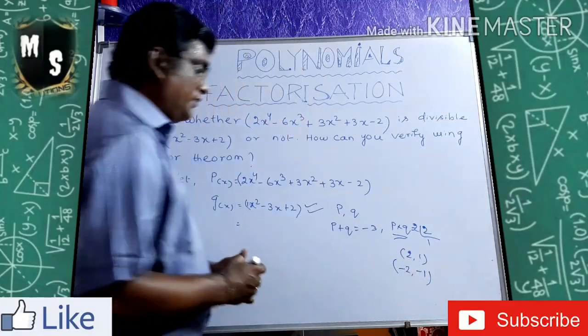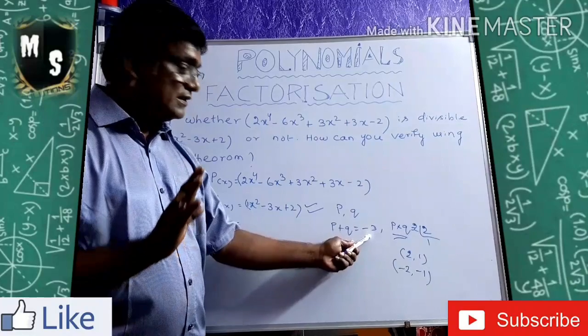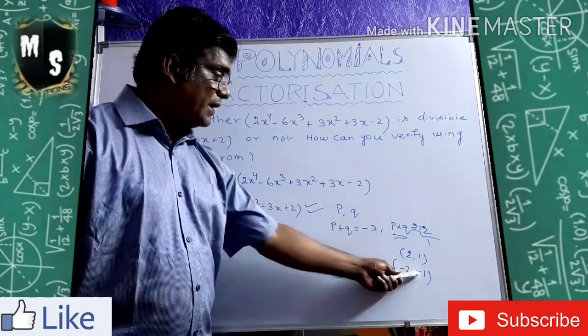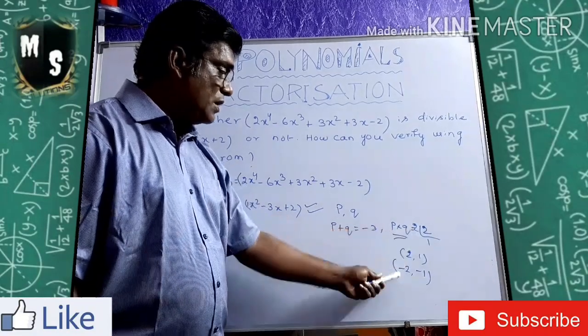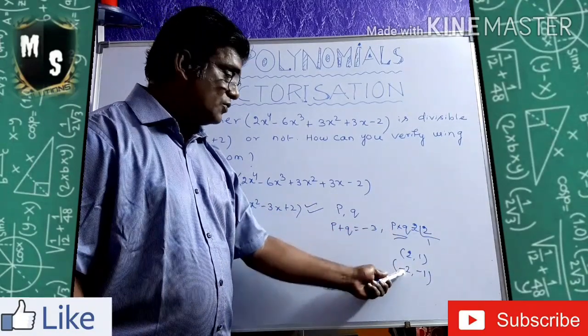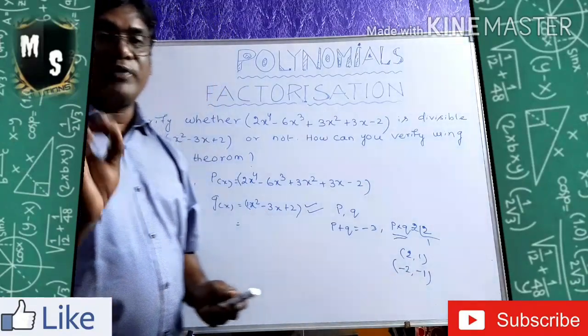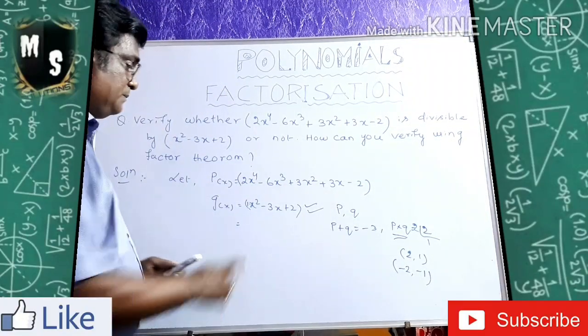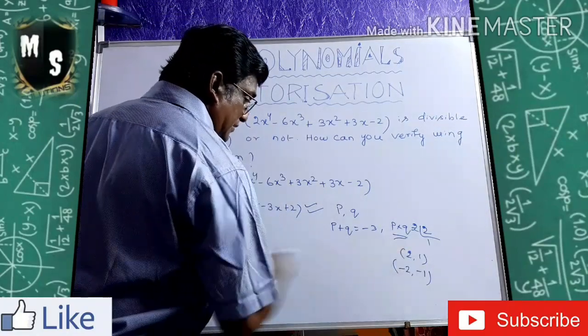Now when you add these two, definitely it is giving you minus 3. It is alright now. When you multiply, what is p into q? It should give you 2. Minus into minus is plus, 2 ones are 2. So now minus 2 and minus 1 are the perfect factors for the middle term split. Now split the middle term with these two factors.